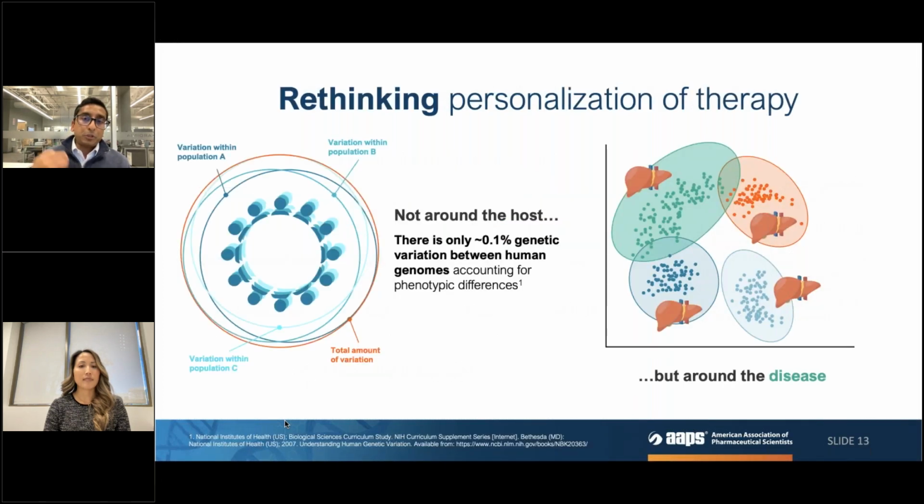Now, when we think about this personalization of therapy, we oftentimes think about the host, the individual themselves. And what we find is that, while all of us are slightly different, the differences between us are really quite minimal, whether it be through genetic variation, lifestyle variation, etc. We really are fundamentally not that dissimilar from one another.